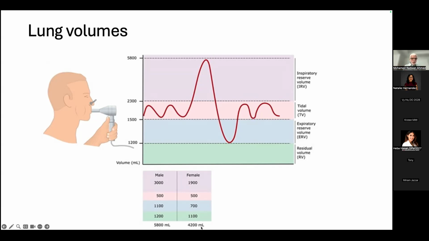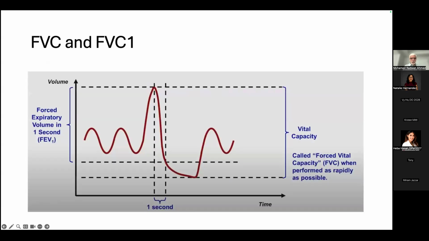Okay, this is the total lung capacity here, and this is the residual capacity. You see, residual capacity is actually more than 1 liter, which is a big amount of air that remains in the lung.